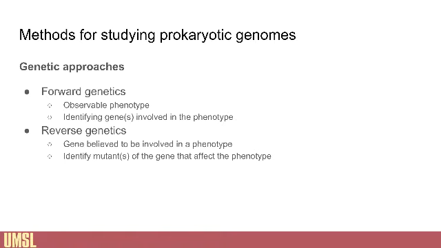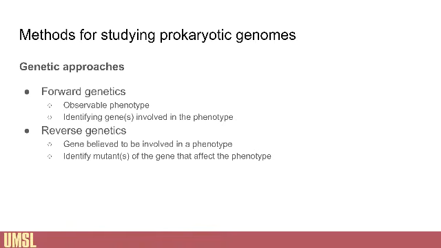Or I might engage in reverse genetics, which is essentially you have genes that you believe are involved in a particular phenotype, causing diarrhea in a host. If I knock that gene out in that pathogen, and it stops diarrhea from happening in an animal model, then I can say this gene has something to do with causing diarrhea in the host.